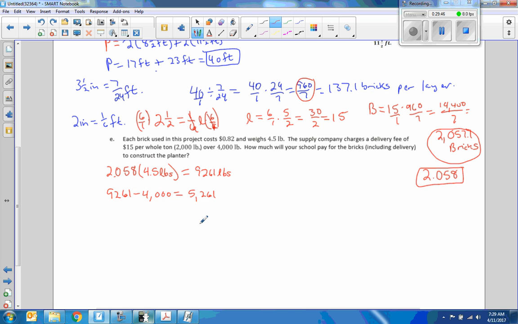Since 1 ton is 2,000 pounds, there are 2 whole tons in the 5,261 pounds. Total cost is cost of bricks plus cost of delivery. So here's my equation.